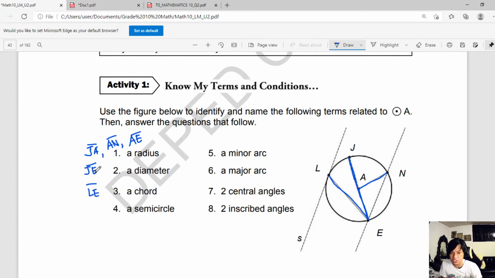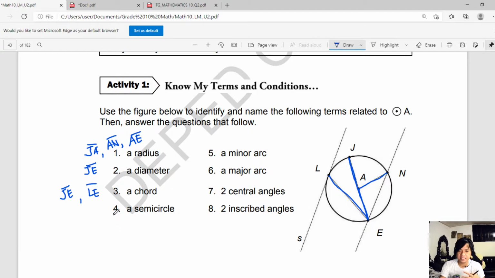Actually, JE is also a chord. So later on, malalaman natin ang definition. JE is also considered as a chord. Bakit kaya naging yung diameter pwede din siyang tawagin as chord? Let's find out later on.